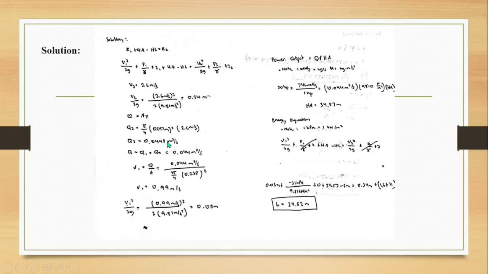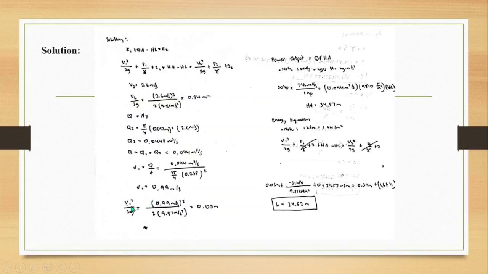So V1 equals Q over A. Our Q is 0.04 meter cube per second, over π/4 times 0.238, which is given, also times 1000 to convert to meter, squared. Calculating, our answer is 0.99 meter per second.